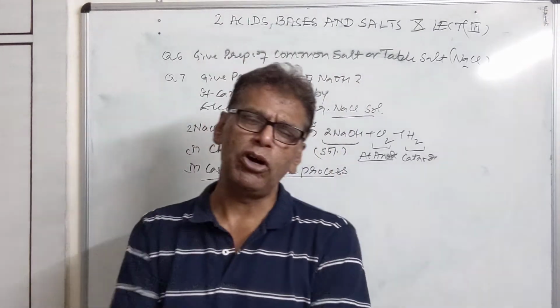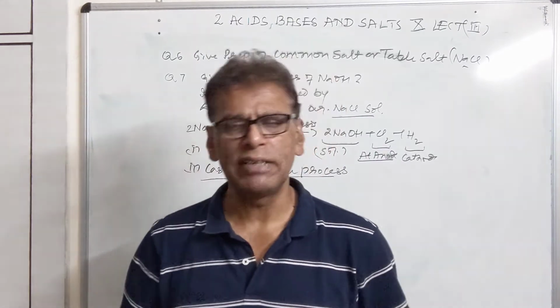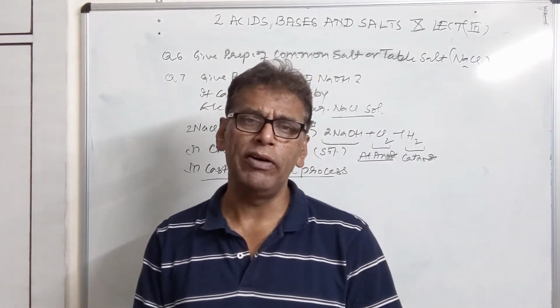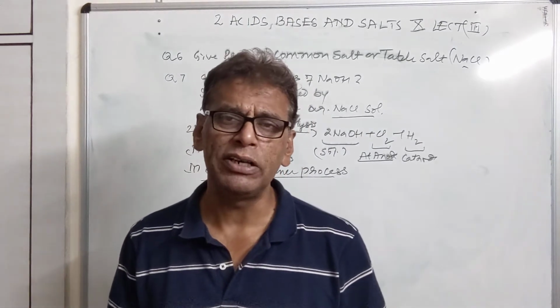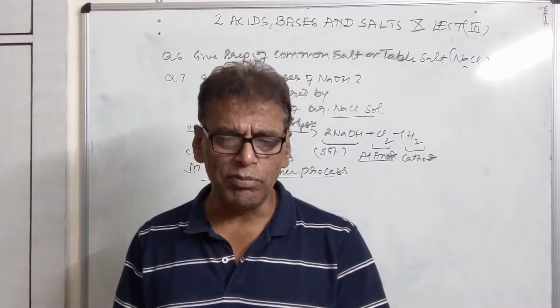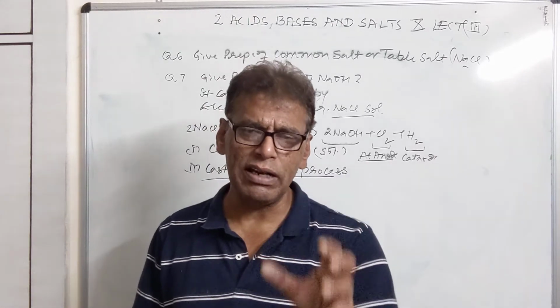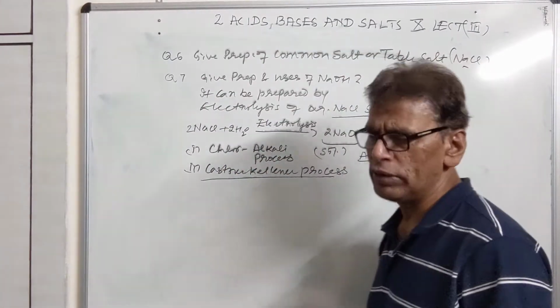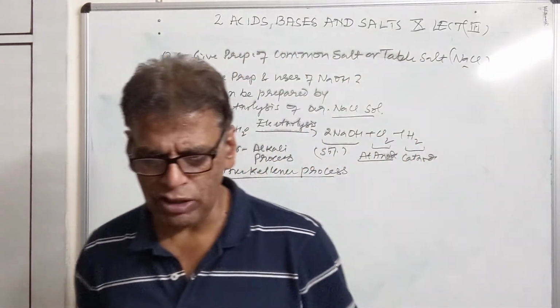This amalgam from outer compartments is brought in the central compartment which contains very dilute solution of NaOH. Large quantity of water is present here. Sodium amalgam combines with that water of the central compartment and produces NaOH. So these are two processes which are used for the preparation of NaOH.